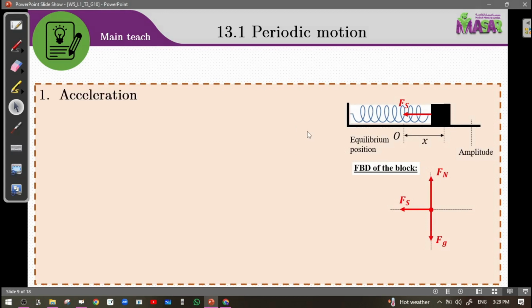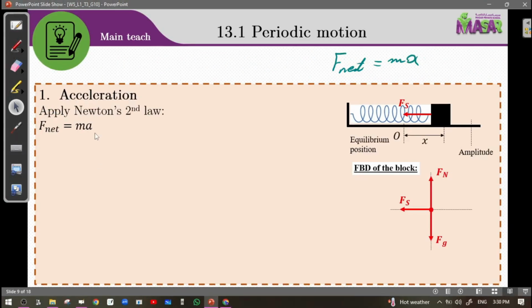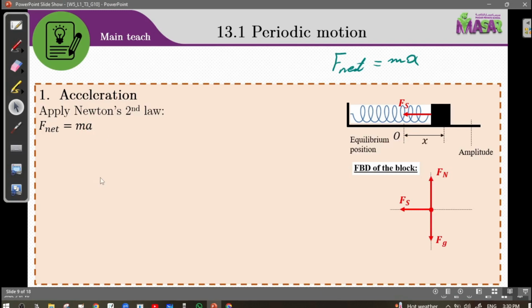Now let's apply Newton's second law here, knowing that Newton's second law is given by F net is equal to ma, which means we must put on the left-hand side all the forces acting on the system in order to determine the acceleration.